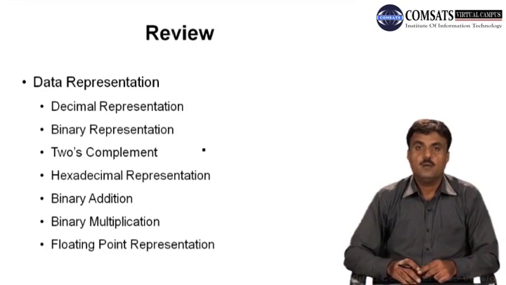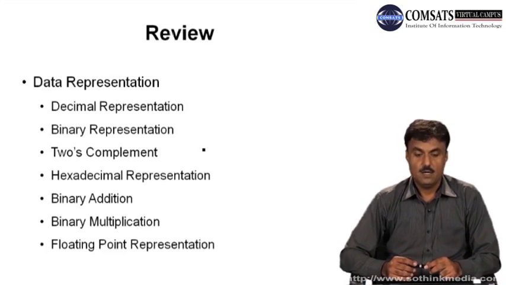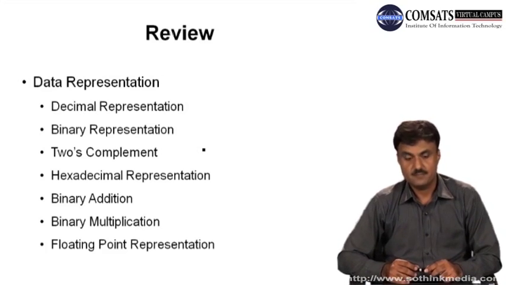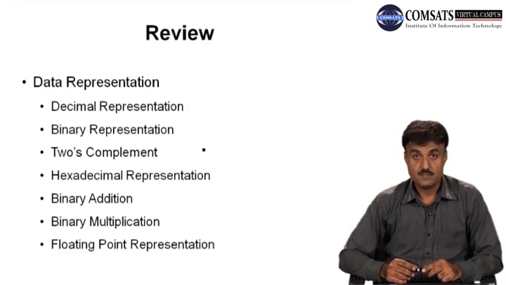We discussed hexadecimal addition and subtraction, and also 2's complement in hexadecimal representation. In the end we discussed floating point representation, double precision, single precision, and the IEEE standard, and how we can represent floating point numbers.